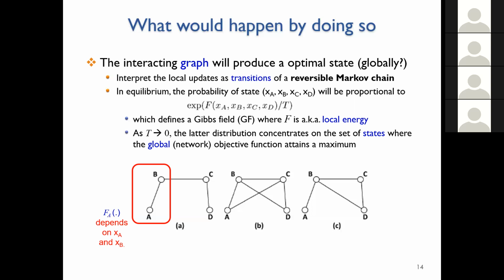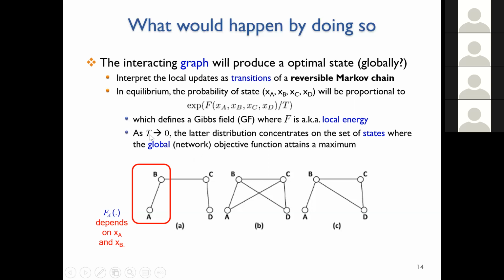In that probabilistic manner, in the literature of MCMC, this exponential function divided by T defines a Gibbs field. And F is a kind of local energy. As I mentioned earlier, F is the local objective function, but in the vocabulary of statistical mechanics it is just a kind of energy. You wish the energy to be as large as possible or as small as possible for some reasons.